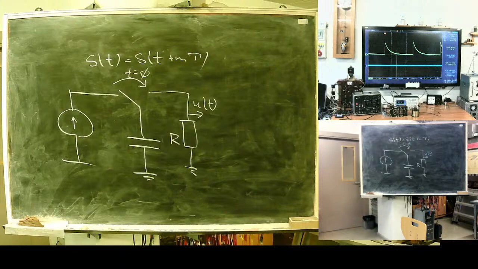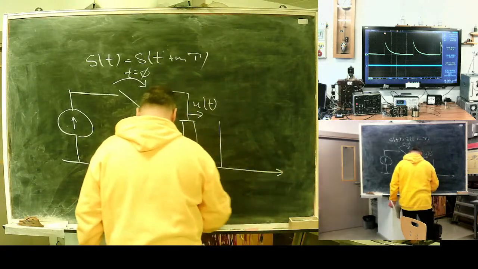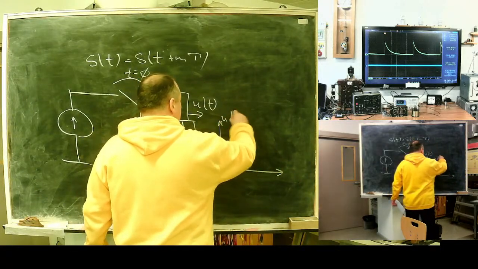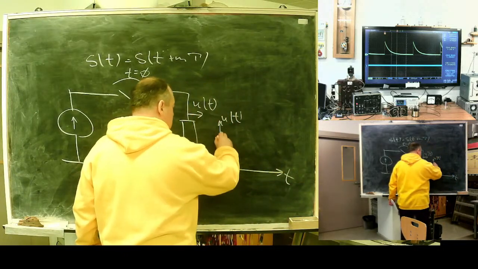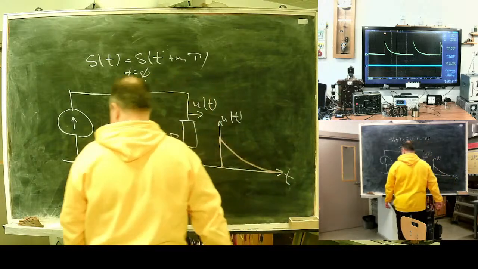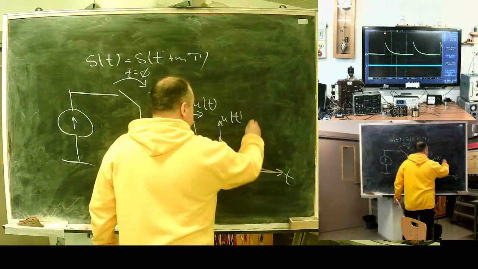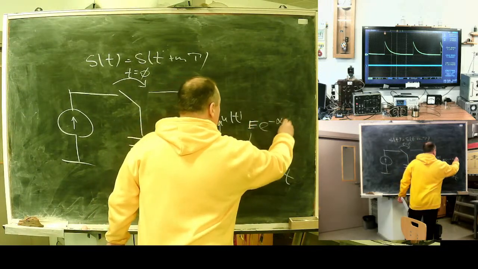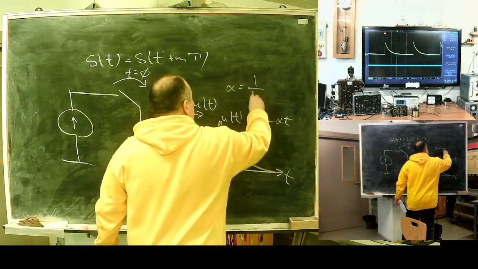Capacitor discharge. Capacitor discharge always looks like this. It will be e to the power of time constant. Alpha here 1.